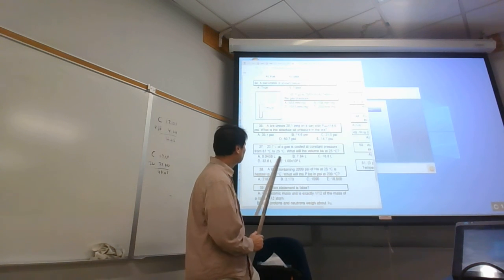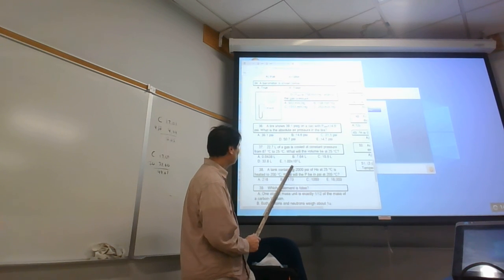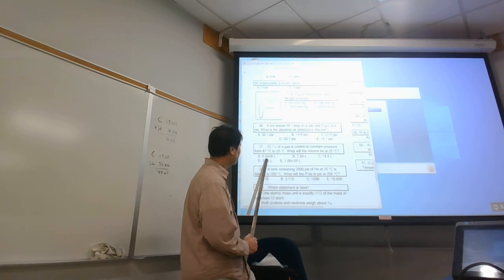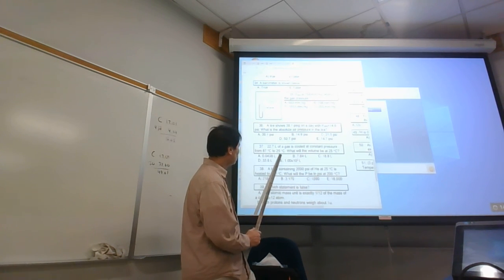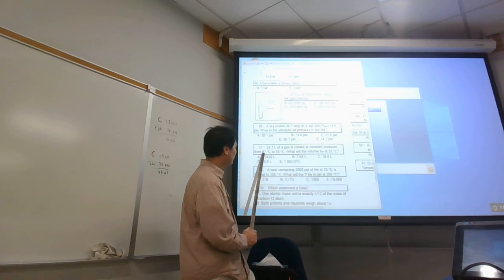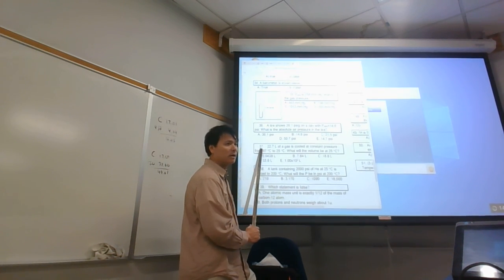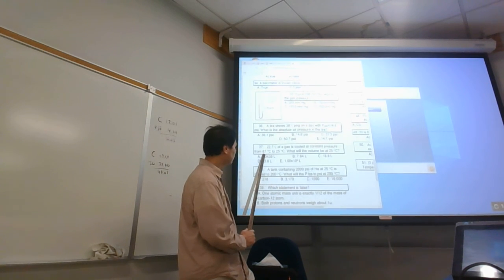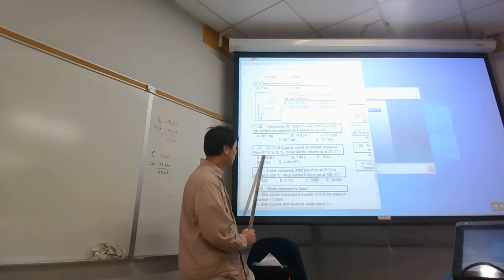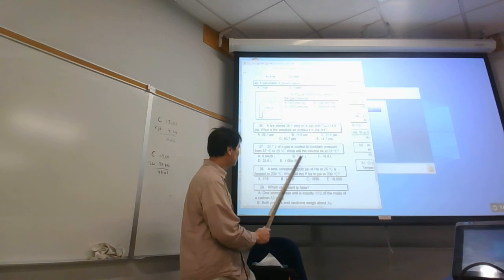You can have temperature over volume as a proportion. So we set up a fraction. It would be 25 over 87. No, we can't set it up that way. It has to be absolute temperature. So it'd be 298 over this one.